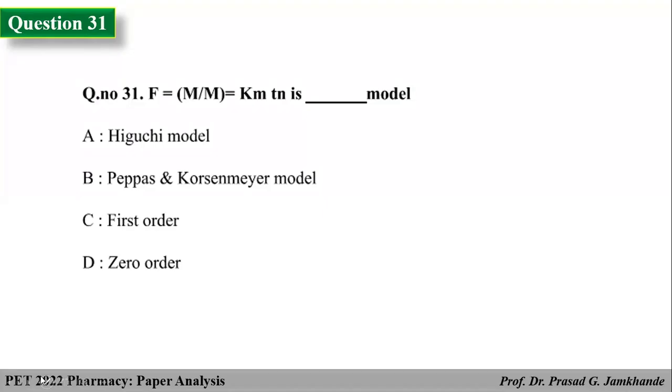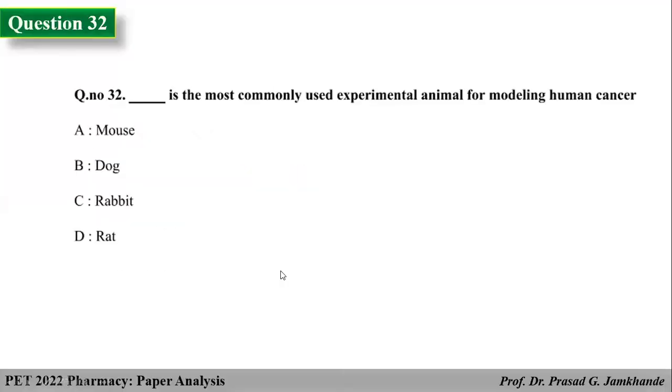It is used to describe and analyze the release of a drug from polymeric nanoparticle dosage forms, for example hydrogel. That means this given equation is related with the Peppas model. It is not related with the Hixson model or first order or zero order. So the correct answer is option B.